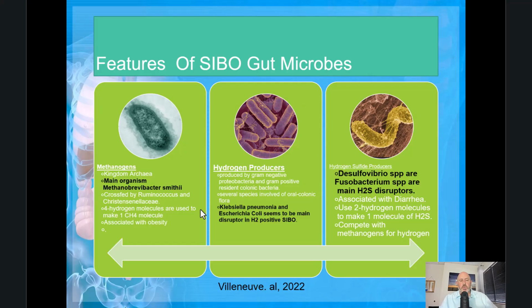Hydrogen producers, as I mentioned earlier, the most common being Klebsiella and Escherichia coli. Desulfovibrio seems to be the main driver of hydrogen sulfide, but Fusobacterium are also involved.